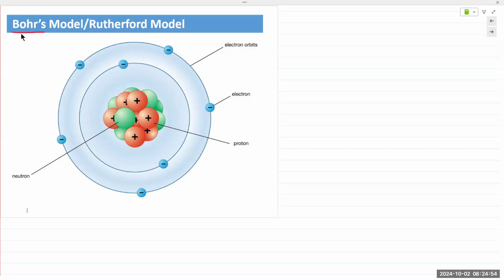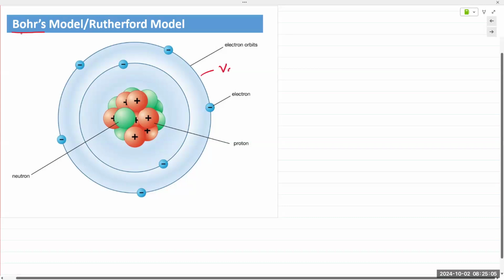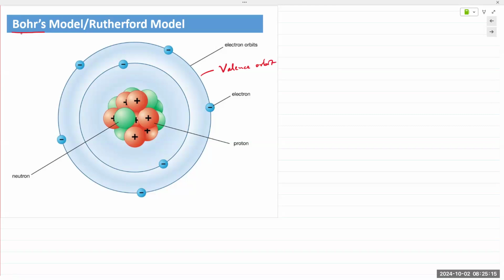Depending on the atomic structure of each element, you have a specific number of electrons in the outermost orbit, right? That orbit is typically known as the valence orbit, and the electrons in there are known as the valence electrons. I assume you would have studied all of this previously in physics and chemistry, right?